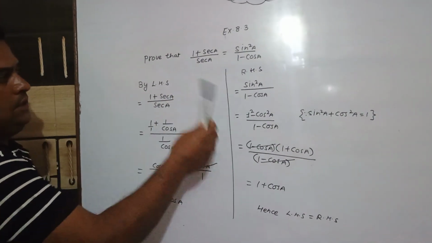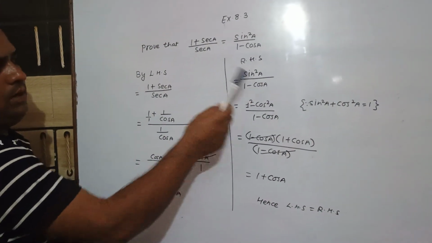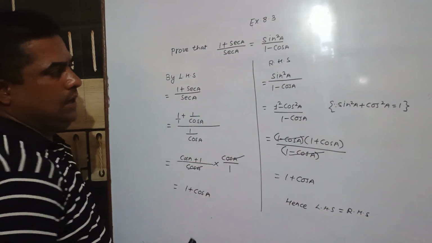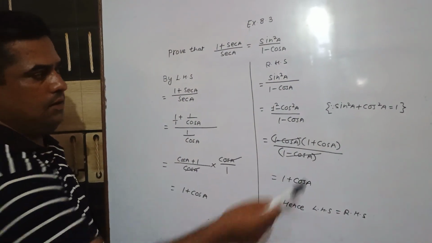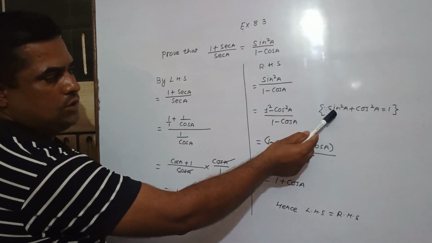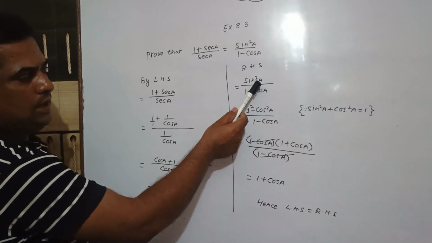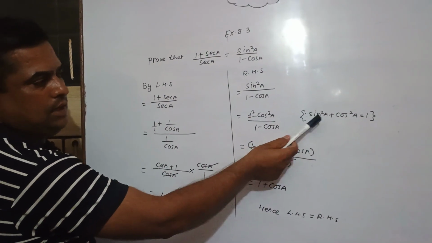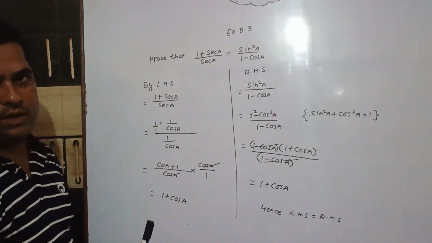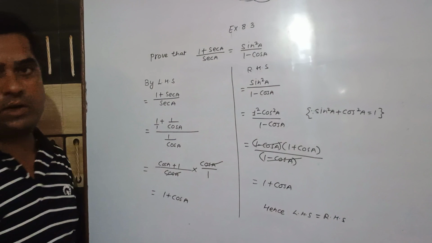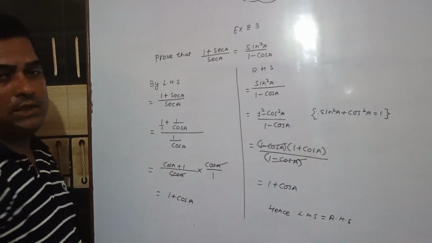Our right hand side is sin square A upon 1 minus cos A. Now in the place of this sin square A, we will put the value of sin square A. We have one identity, sin square A plus cos square A, this is 1. The value of this sin square A will be 1 minus cos square A. Denominator will be same.